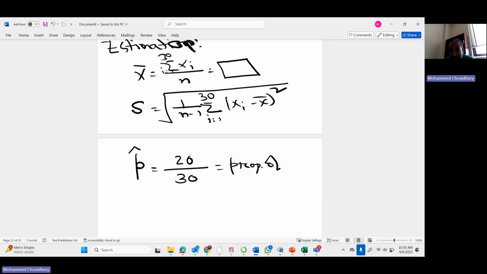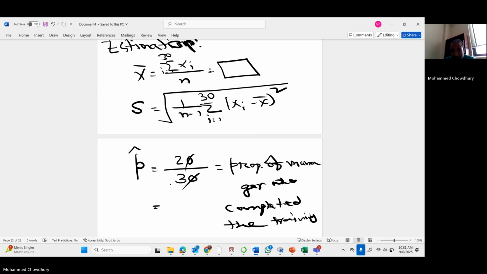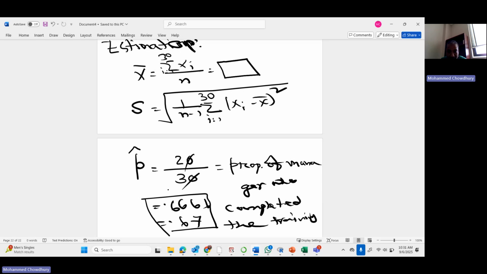That is 0.666, which is equal to 0.67. This is a little higher estimate, because the way the sample came may not be representative.